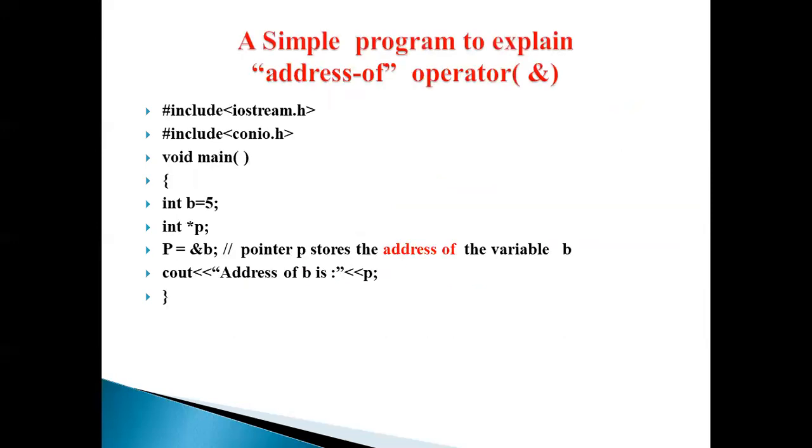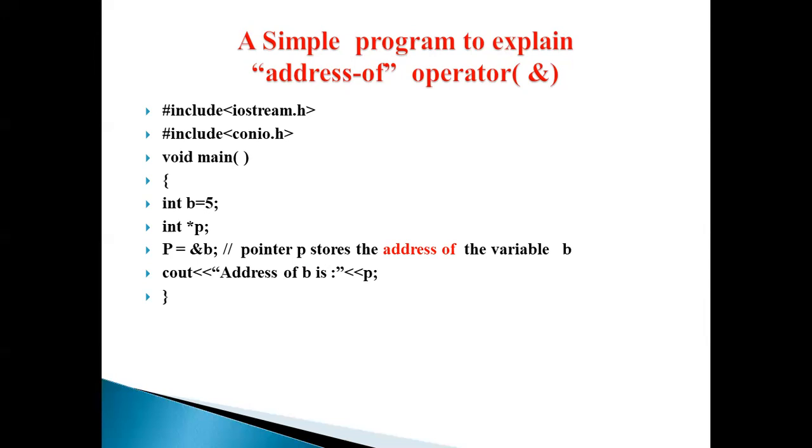A simple program to explain the address-of operator. As usual, we are including iostream.h, where conio.h means console input output. Here we are declaring one ordinary variable, int b = 5. In int *p, here p is the pointer, and p = &b.